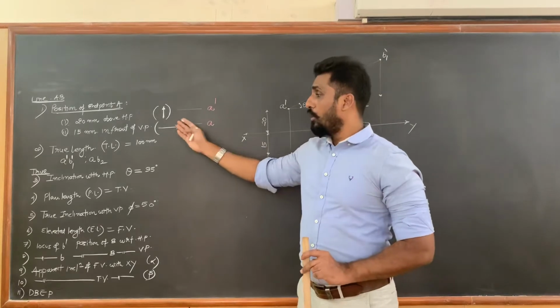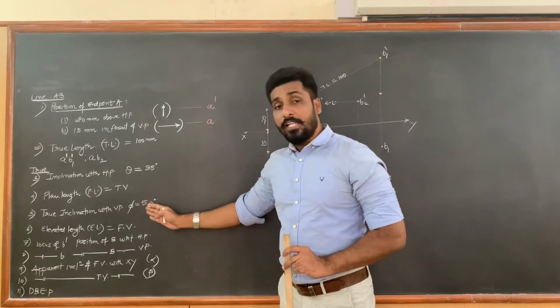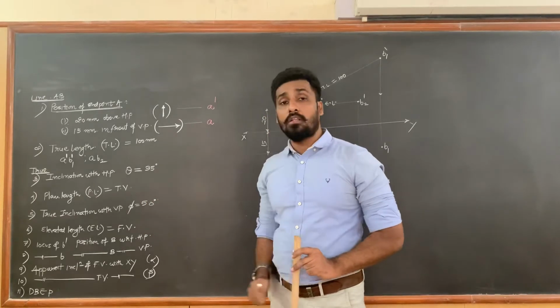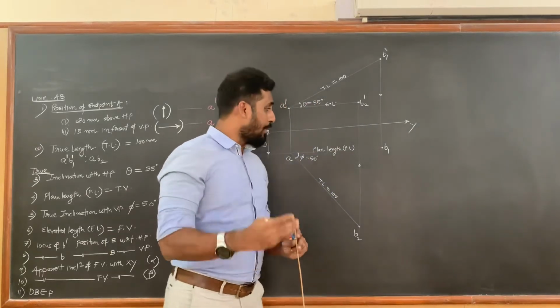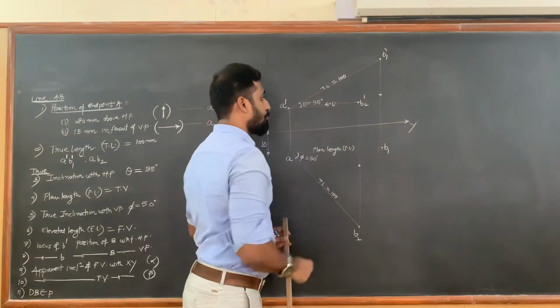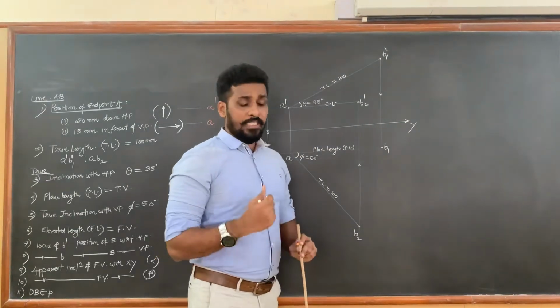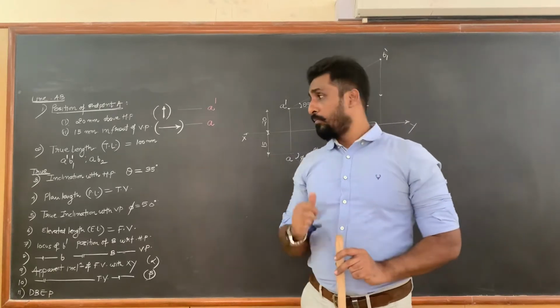So we have the position, we have the true length, we have the inclination, we have the plan length, we have the inclination with the VP, and now we have got the elevated length. Elevated length is basically the apparent length when watched in the front view. Now the next concept that you want to understand is the last stage of the problem.